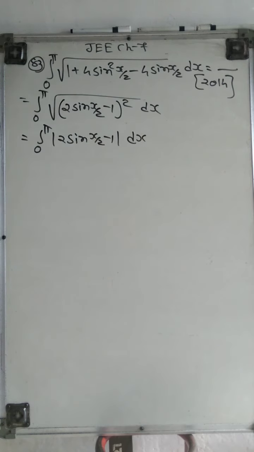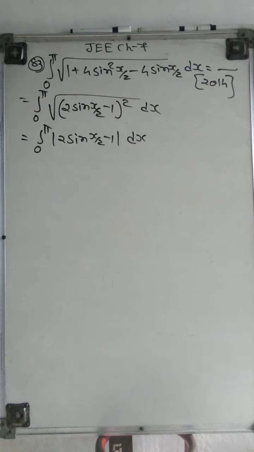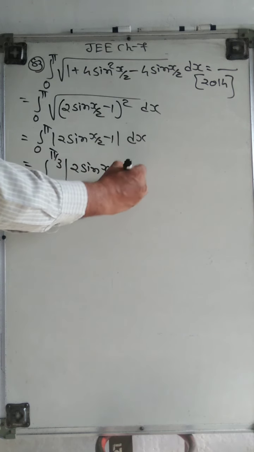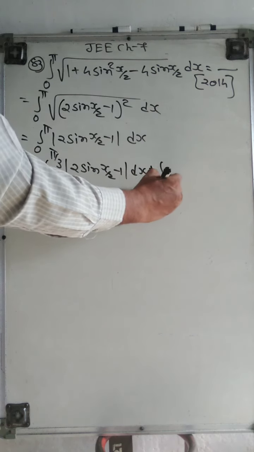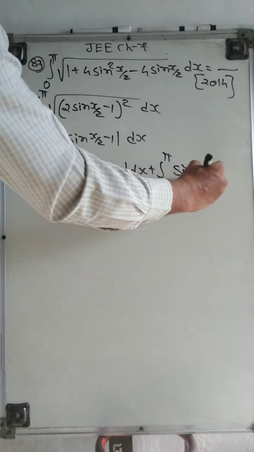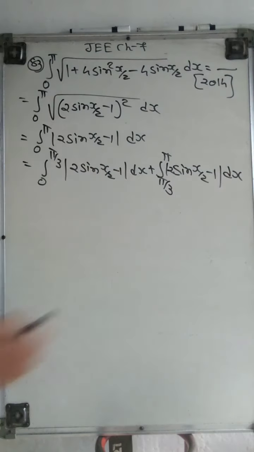Now there are two parts. Here sin x by 2 is 1 by 2, which means there are two parts of this function: 0 to pi by 3, modulus of 2 sin x by 2 minus 1 dx, plus pi by 3 to pi, modulus of 2 sin x by 2 minus 1 dx.